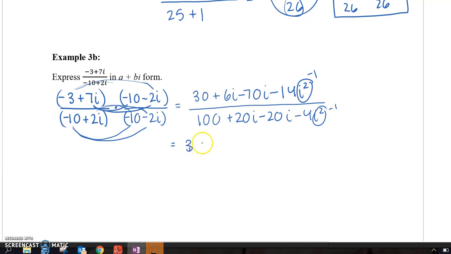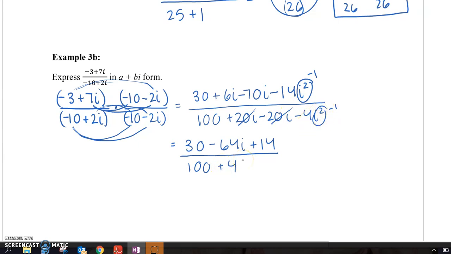So we have 30. 6i minus 70i is negative 64i. Negative 14 times negative 1 ends up being a positive 14. Then we have 100. 20i minus 20i is 0. Negative 4 times negative 1 is a positive 4.